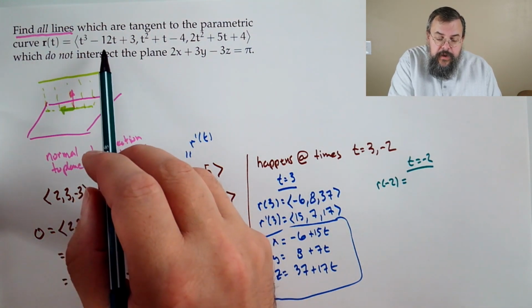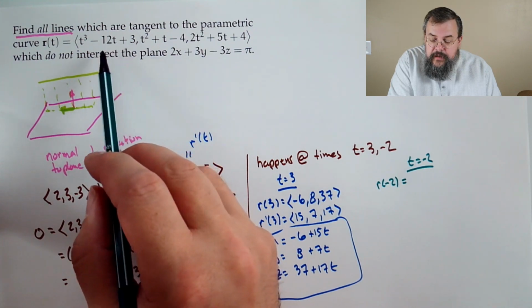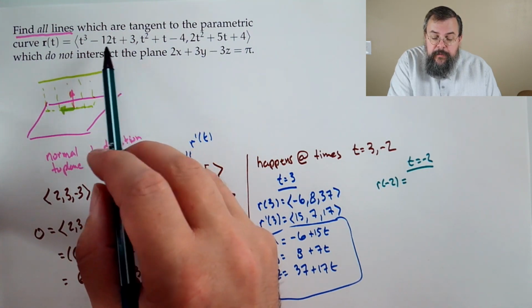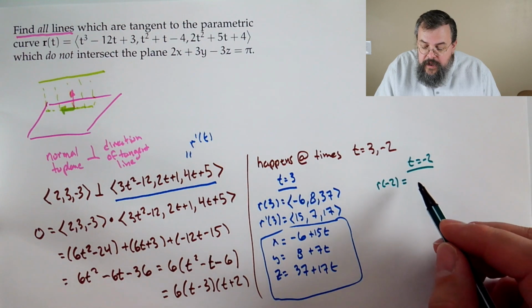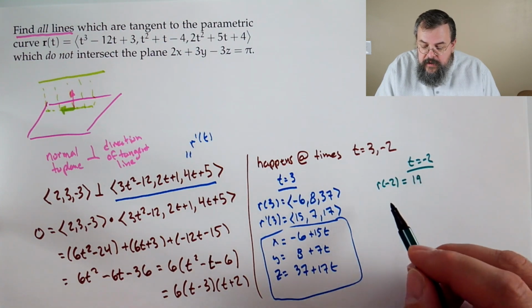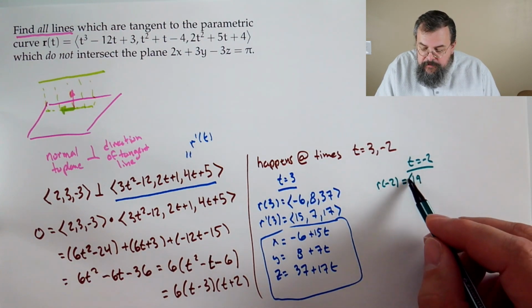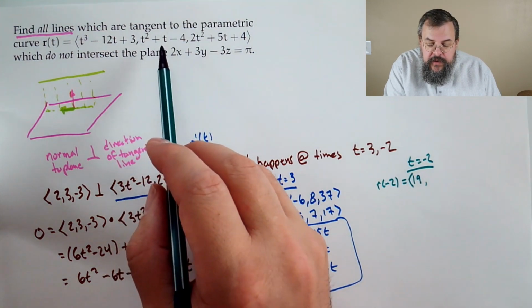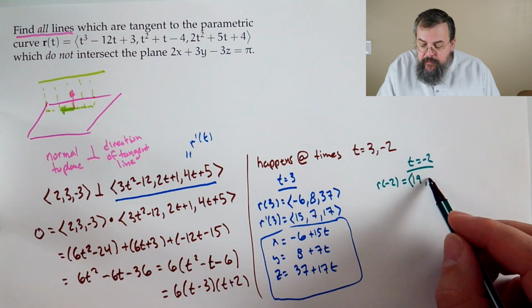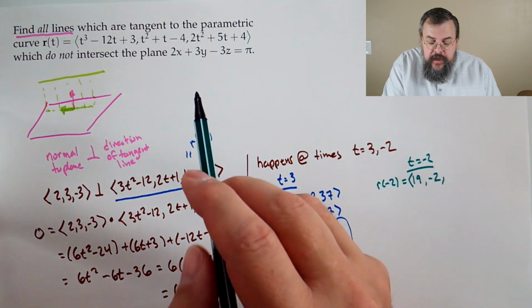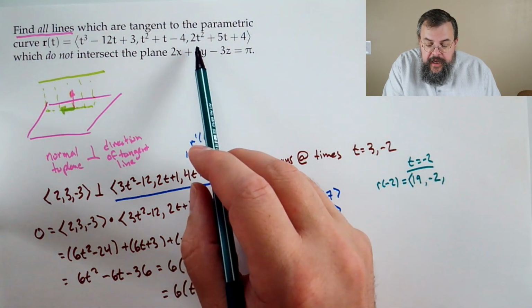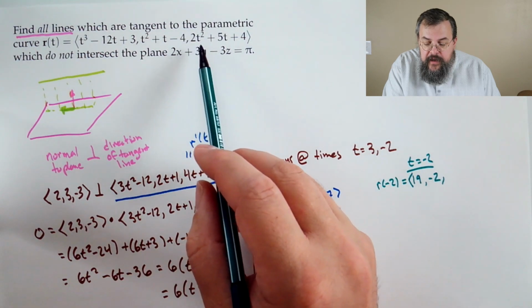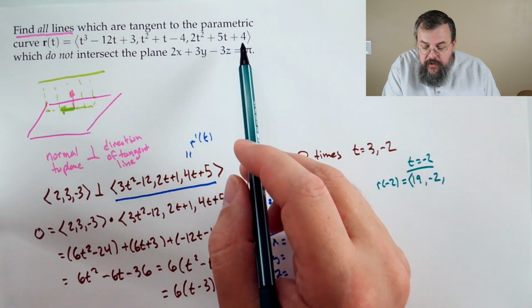So really, we have 27 if we combine the last two terms, minus 8 would give us 19 for the first entry. Then it'll be 4 minus 2 minus 4, so that's minus 2. And then here we'll have 8, 2 times negative 2 squared is 8, minus 10 plus 4.